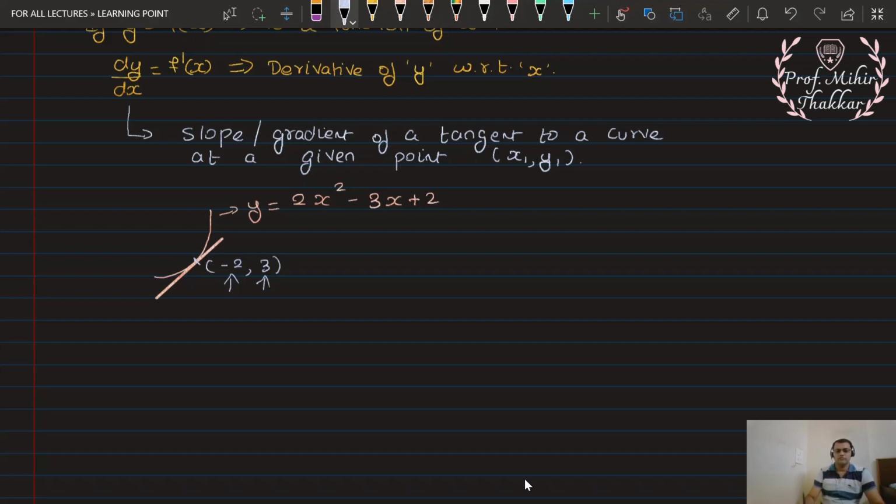So let us see what we get. Slope of tangent, first I consider y is equal to 2x square minus 3x plus 2, and I differentiate this with respect to x.